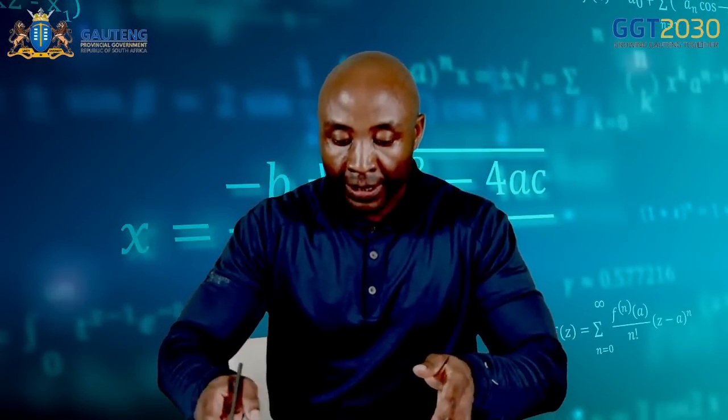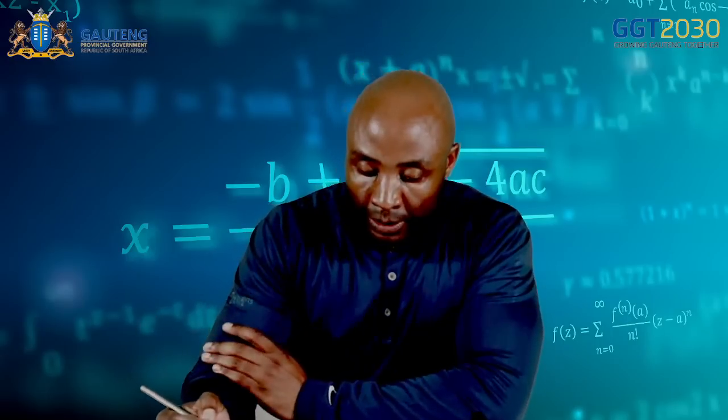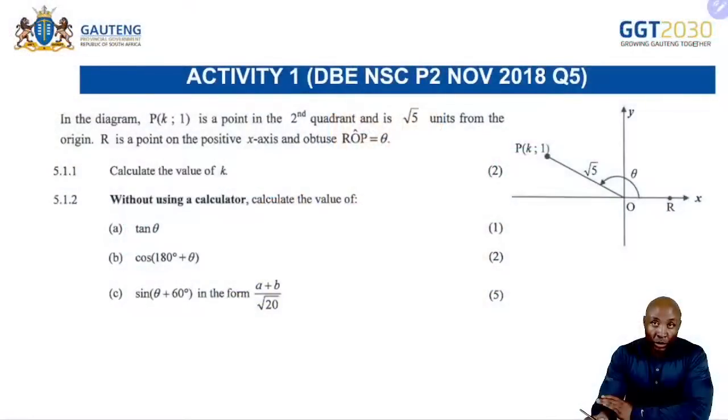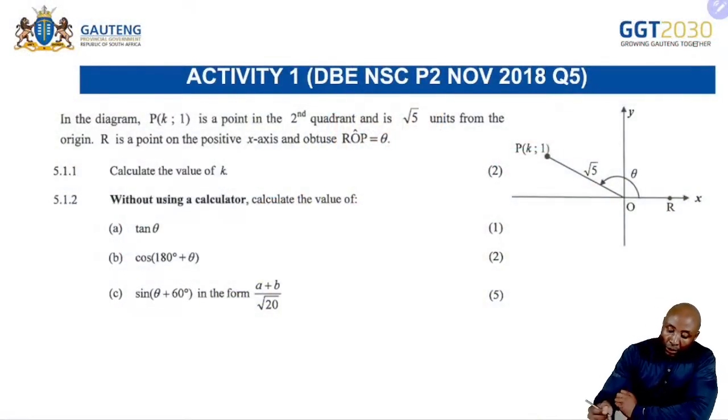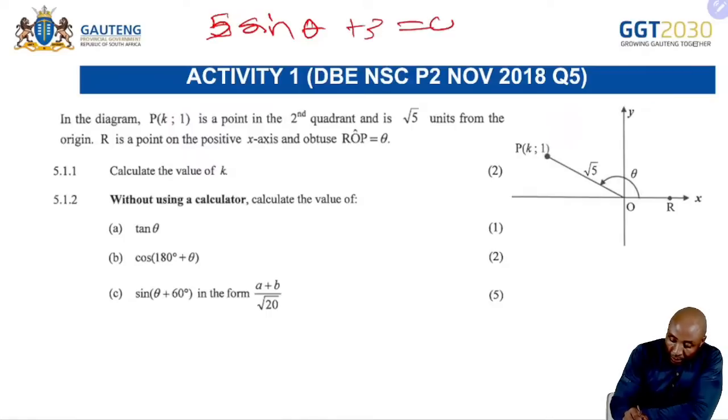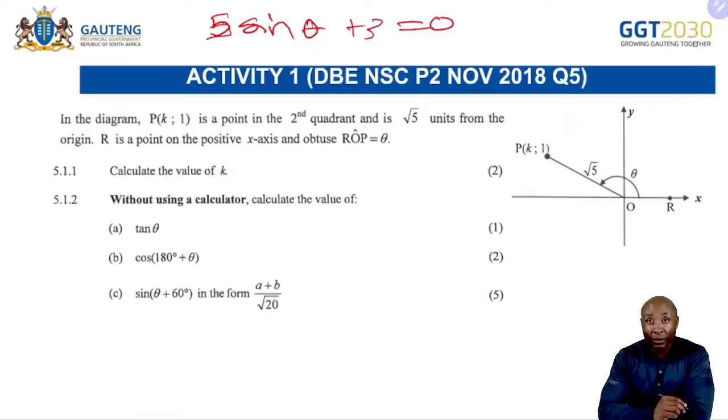Taken a break. Now, this question can come. You can be given a diagram drawn, or you can be given that 5 sine theta plus 3 is equal to 0. It can come in that form as well, or they can give you a sketch as you are given.